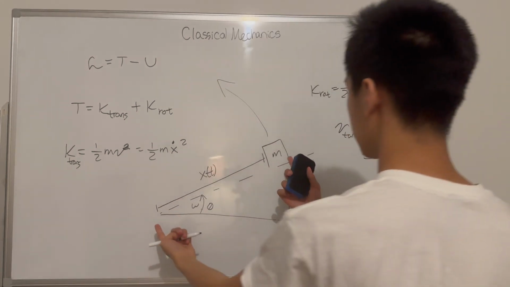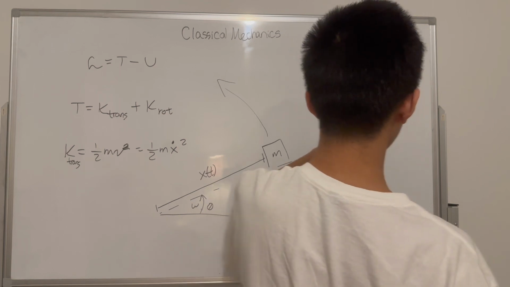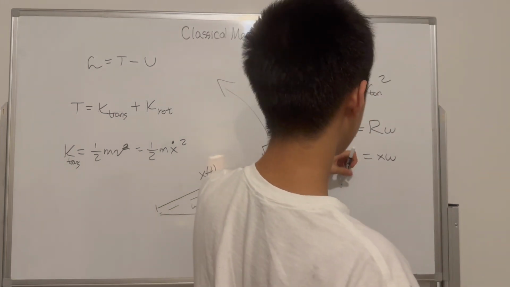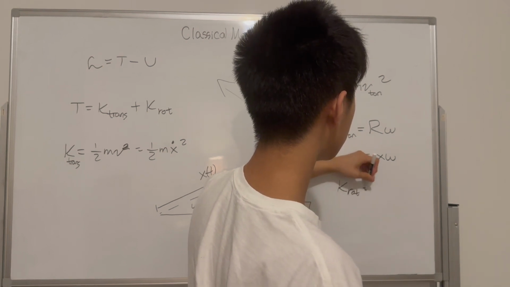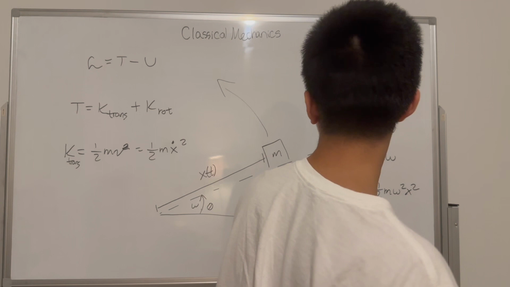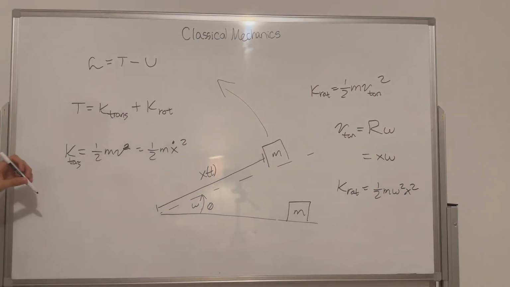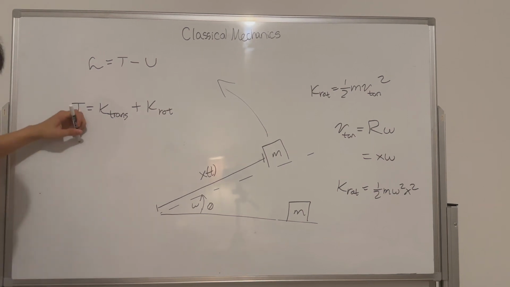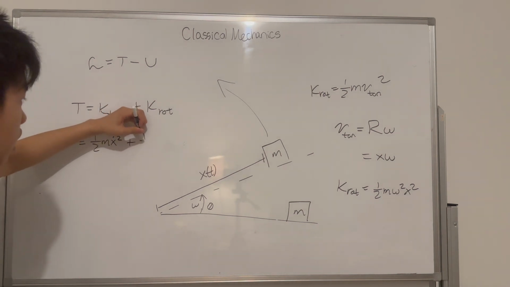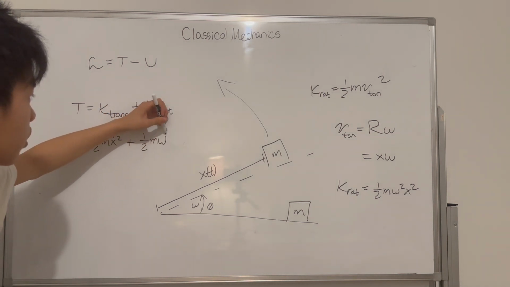But what is our radius? Well, our radius is x, so our v tangential is x omega, making our K rotational equal to 1/2 m omega squared x squared. Okay, so then that would make our T equal to 1/2 m x prime squared plus 1/2 m omega squared x squared.